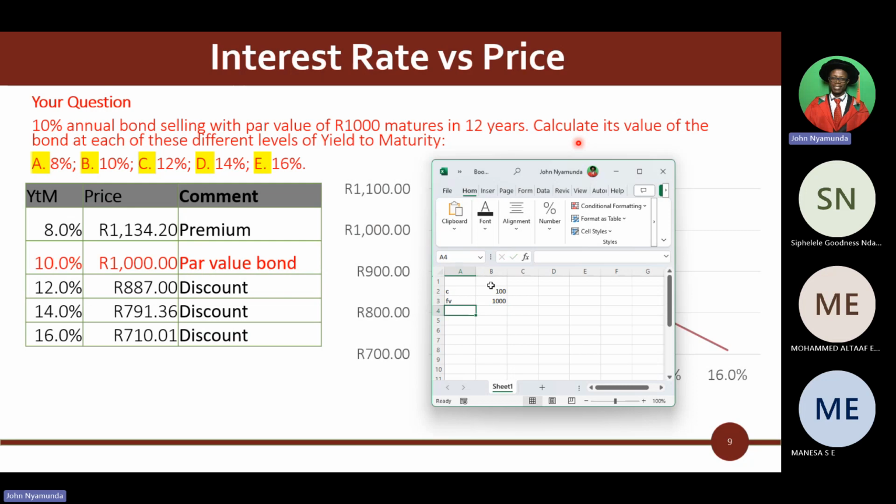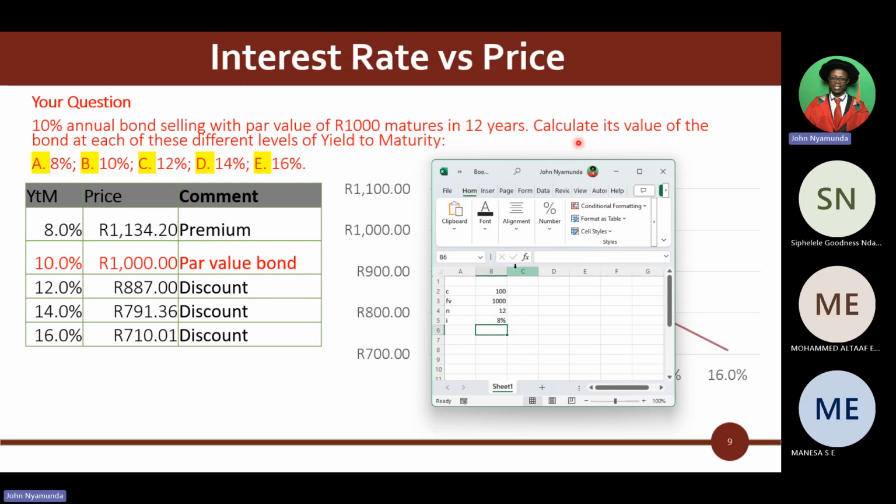And I'm also doing this so that we are all together, Spelele, so that Spelele can also see what we are doing. Our N, because it's annual, so you can say 12. Our I is 8. So I'll say 8% because I know Excel is going to give me grief if I don't say 8% there.